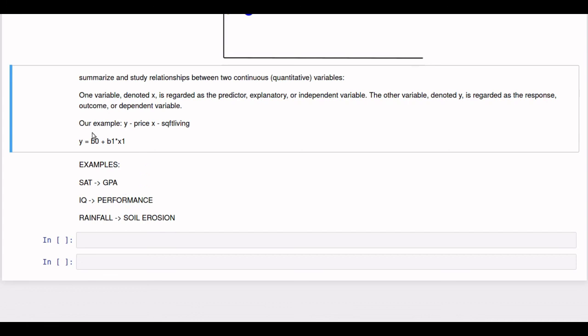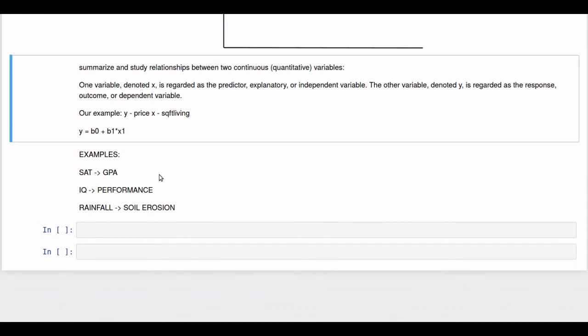Now, some other typical examples of simple linear regression would be if you have the IQ of the employee and you want to predict their performance with some numerical value, and also rainfall as the predictor of soil erosion. Later on, we will also talk about multiple linear regression, which is a statistical technique that uses several explanatory variables to predict the outcome of a response variable.